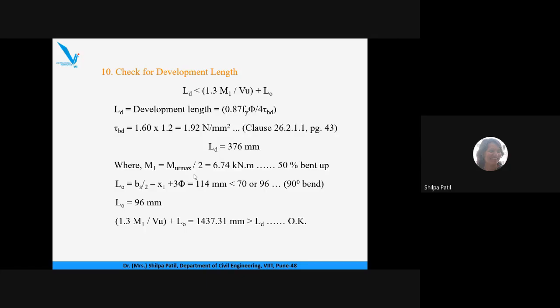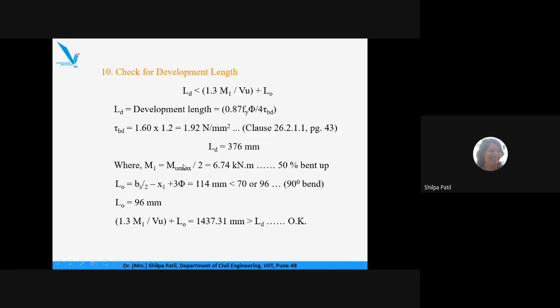We bend it and provide the further portion after bending of the steel in the compression zone. So in the tension zone, only 50% steel is available near the support. Okay, and all these calculations we are doing near the support. So near the support, the moment resisting capacity goes down to 50% because only 50% steel is available.